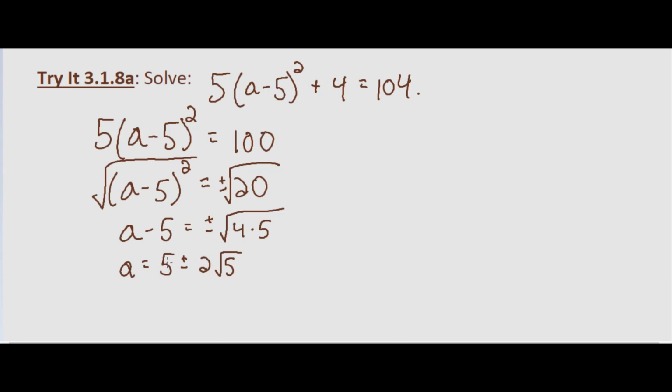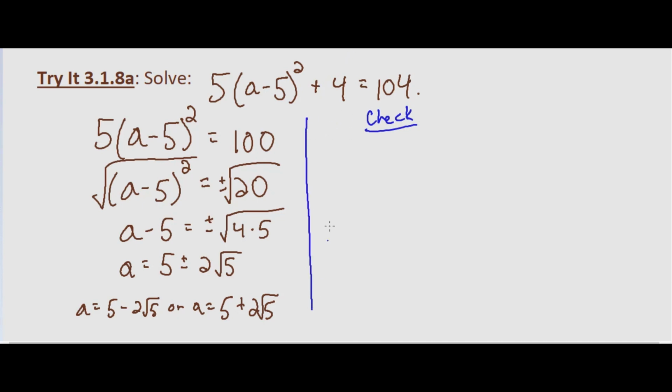So we're just going to leave it as 5 plus or minus 2 times the square root of 5. Or we could say, if we want to write it separately, a equals 5 minus 2 times the square root of 5, or a equals 5 plus 2 times the square root of 5. As always, we check our solutions by substituting into the original equation.